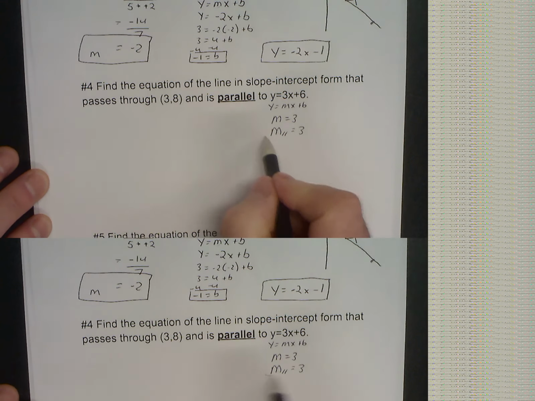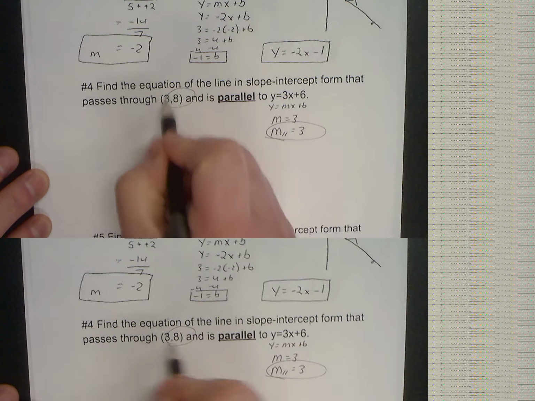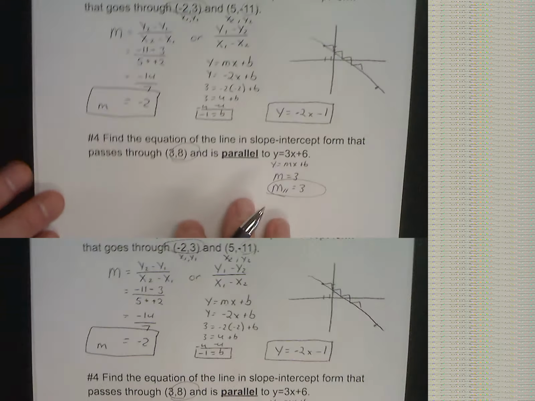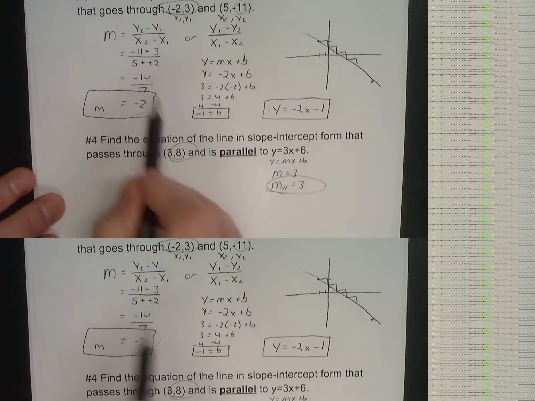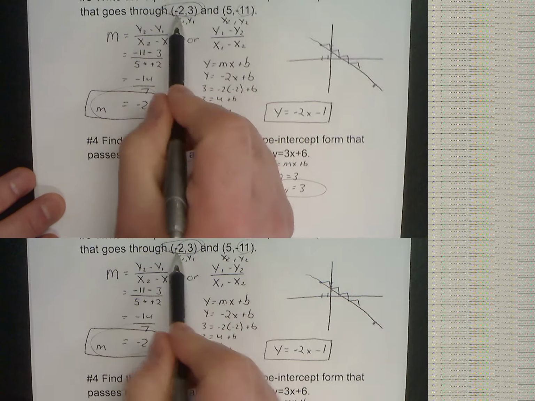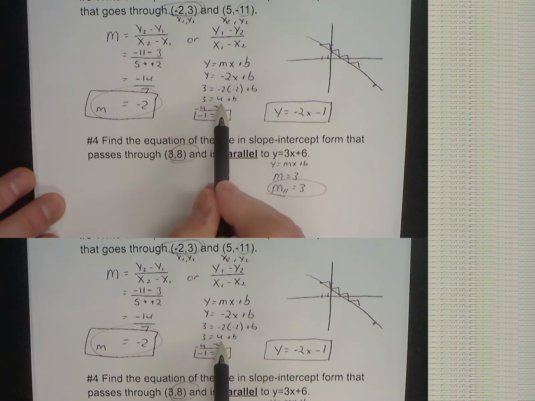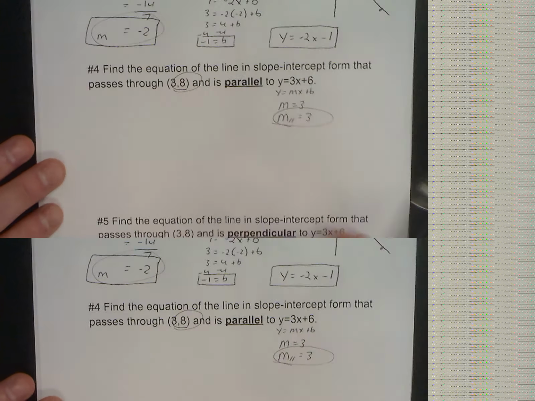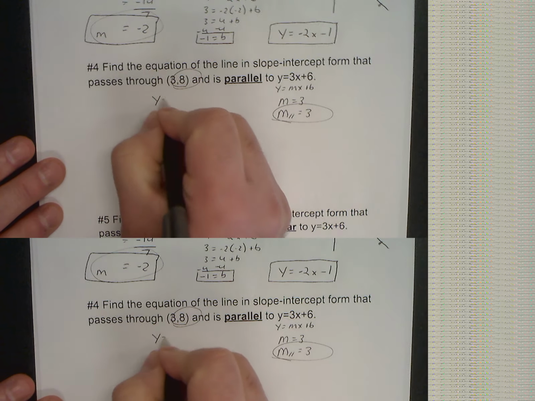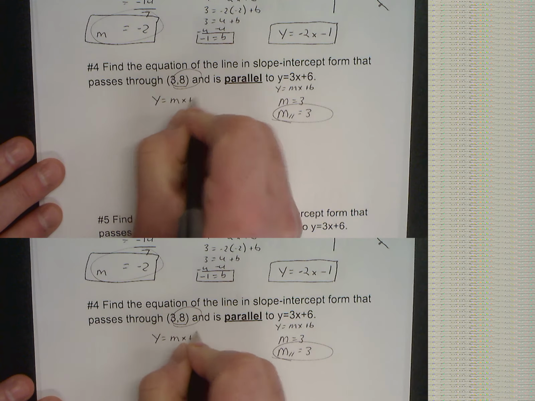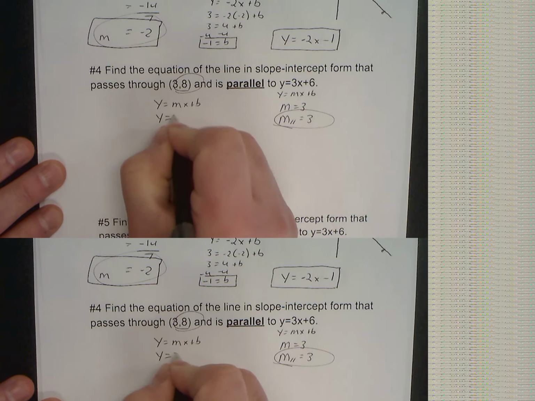Okay, now look what I have. Slope, point. Go back to that previous question. Remember when I got the slope? Then I used a point. We're now at this step of the process right here. Okay, so y equals mx plus b. y equals 3x plus b.